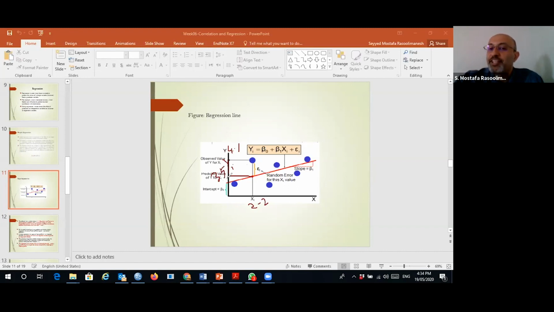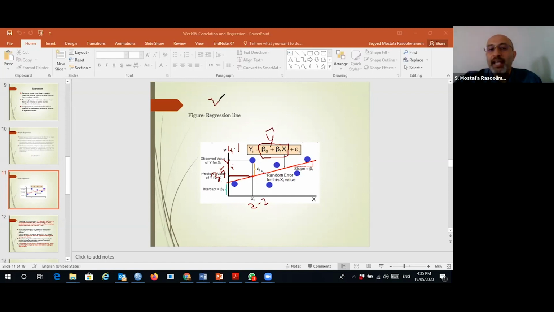So there is a difference between the real value of y, the real value of support for tourism development, and the value from this line. This line, beta 0 plus beta 1 x i, this part represents this line. So I call this part y hat.